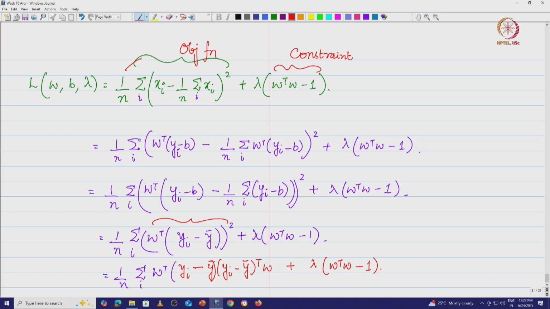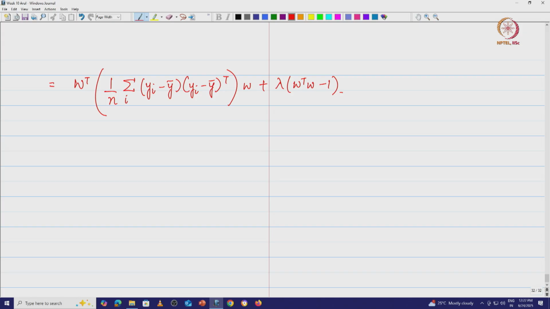Let me rewrite this: it is equal to W transpose into 1 by n sigma over I of y I minus y bar into y I minus y bar the whole transpose into W plus lambda into W transpose W minus 1.